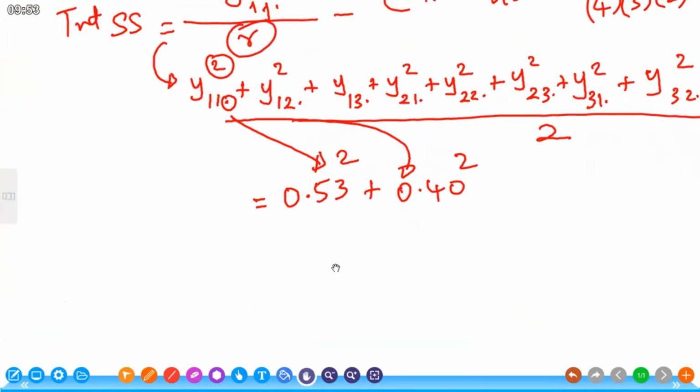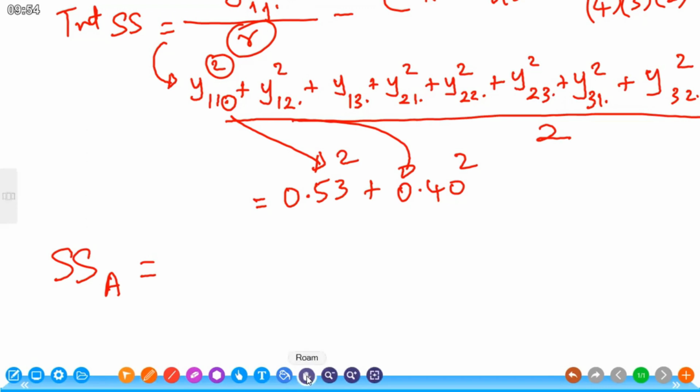Now I will show you the sums of square due to A, because in the ANOVA table we'll have to fill all these components. So what is the sums of square due to A? What is the formula? Look at your formula.